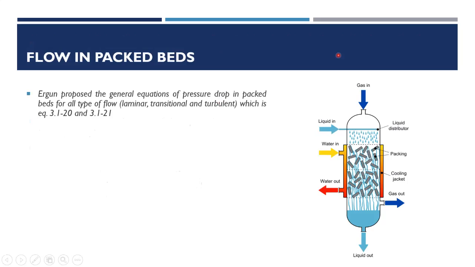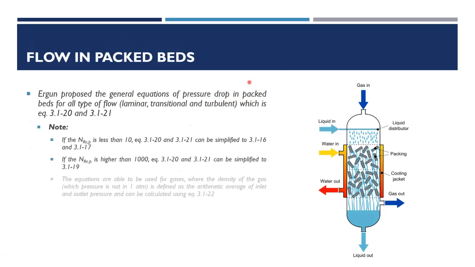Ergun proposed a general equation of pressure drop in packed beds for all types of flow, laminar, transitional, and turbulent, which is shown in equations 3.120 and 3.121.